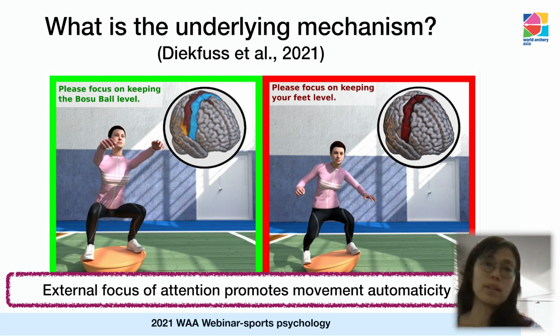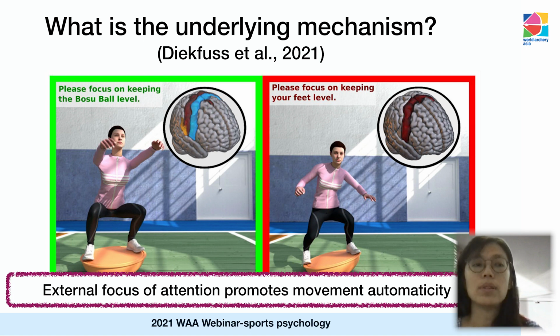Okay, so let's make a summary. In optimal theory, giving autonomous support and enhance expectancy, also directing the attention focus to externally environment or implement can promote the goal action coupling. And this will help the learner to decrease the self-focus on body, but increase the focus on the task itself.